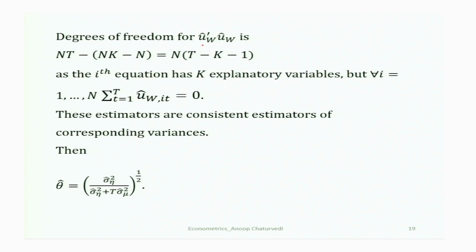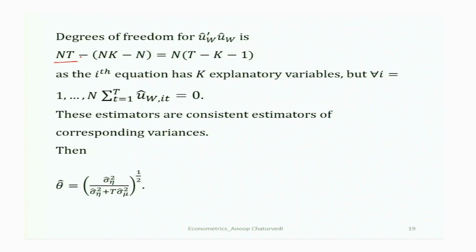Then the degrees of freedom corresponding to u hat W transpose u hat W is, say, in all you have nT observations. Then the ith equation has k explanatory variables. Then corresponding to each cross section you have k explanatory variables. So, nk.